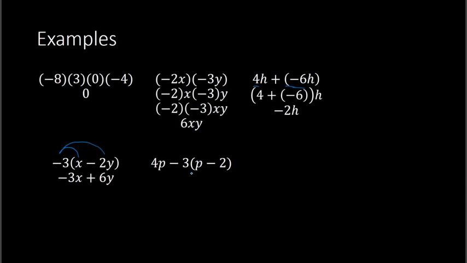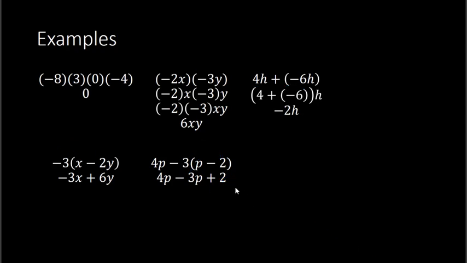Next we have 4p minus 3 times p minus 2. So I need to distribute this -3. We have -3 times p, which is -3p, and then -3 times the -2, which would give me a positive 6. So 4p minus 3p plus 6.